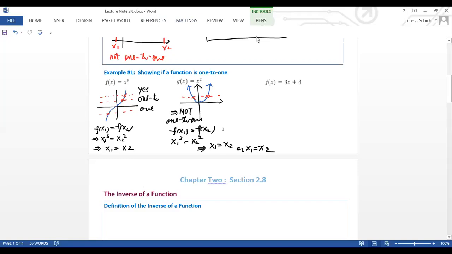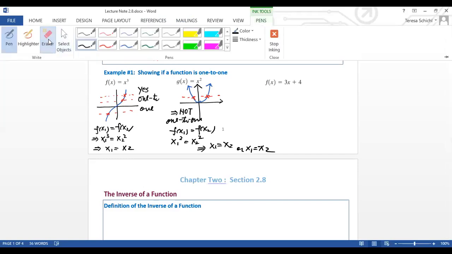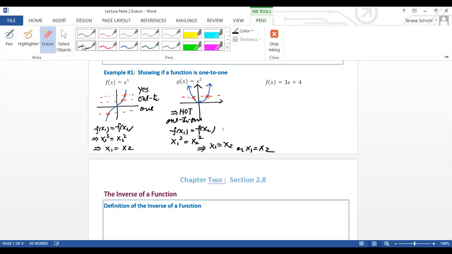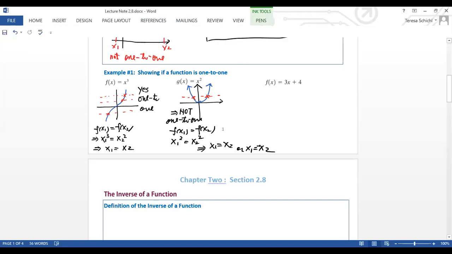So that means for one value here, you get two values. So you get x1 equal to x2 or x1 equal to negative x2. So you got two, but we say you can only have one. So this is not one-to-one.